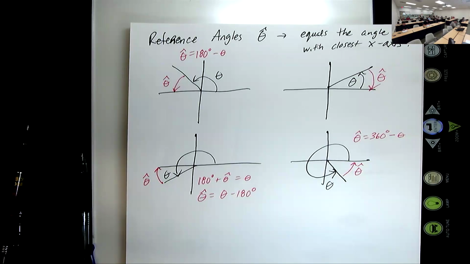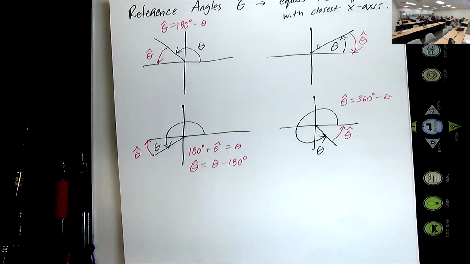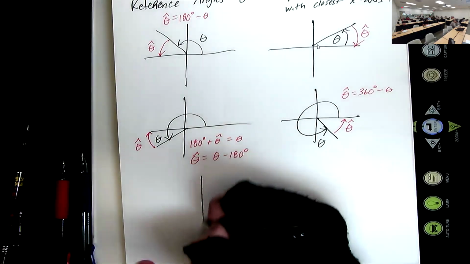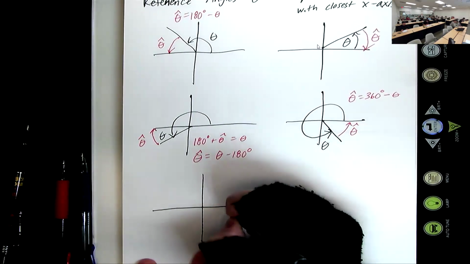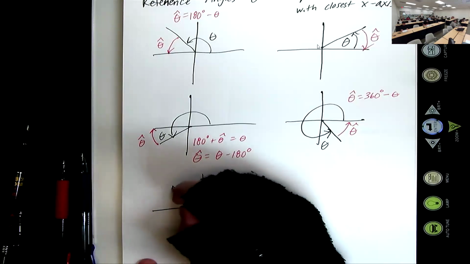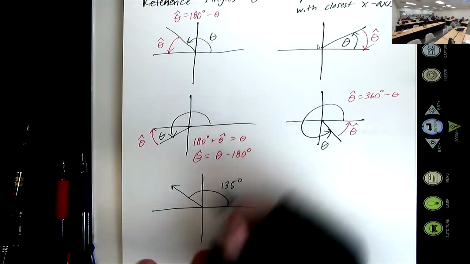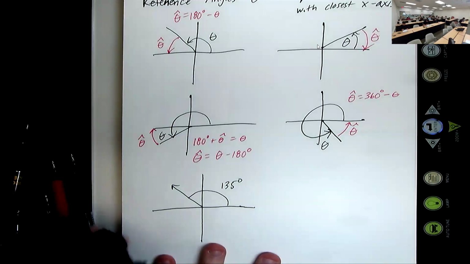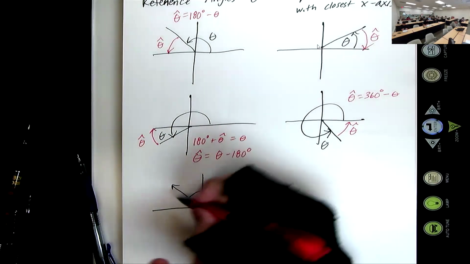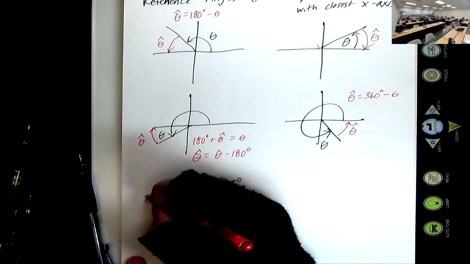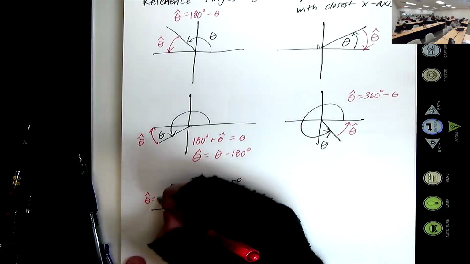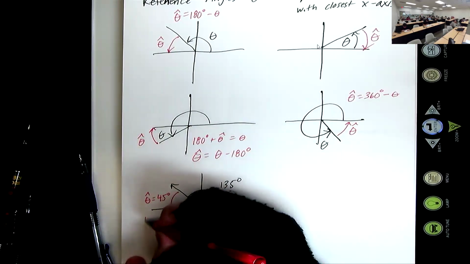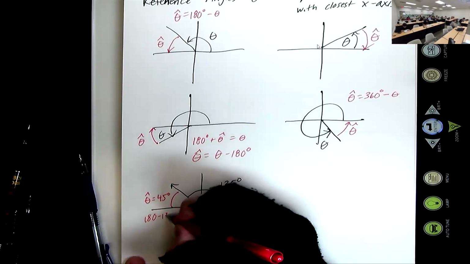Putting the last two ideas together is where the magic happens. This is the good stuff. If I have 135 degrees, my reference angle here is 45 degrees, which is 180 minus 135.